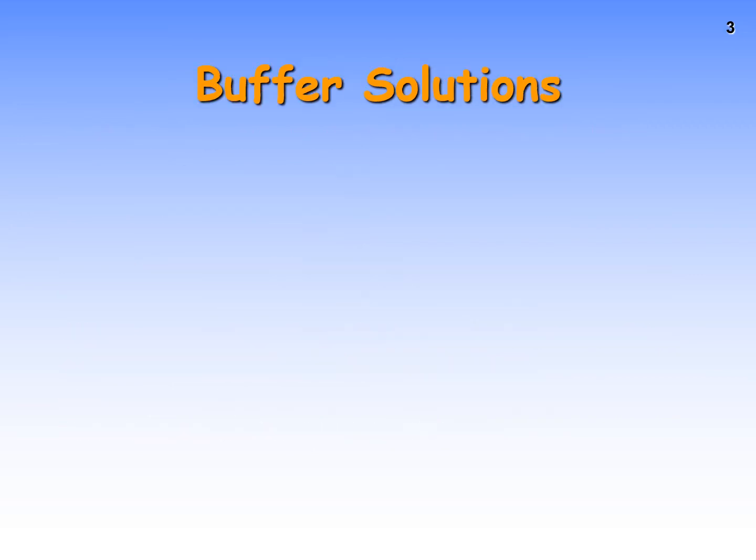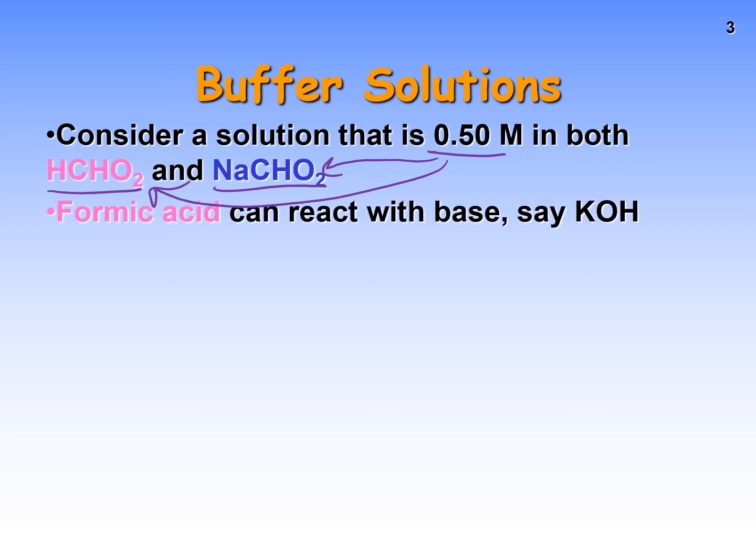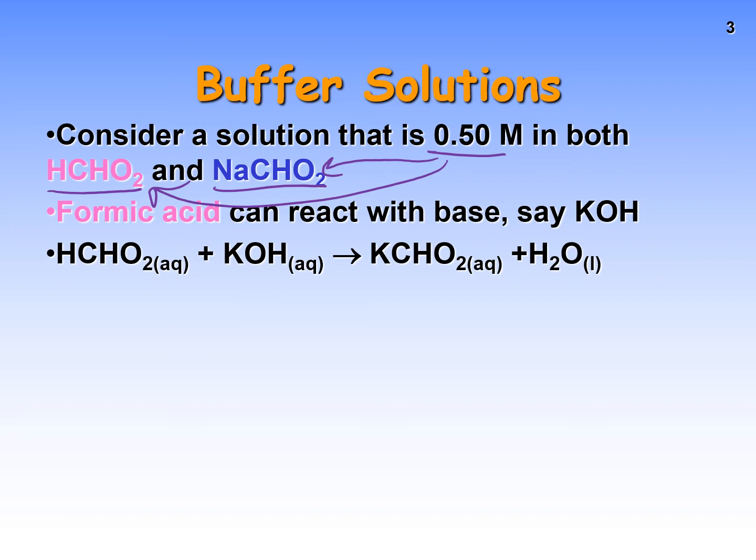So let's look at some buffer solutions. This solution here where we have formic acid and sodium formate is a buffer. So if we have a solution that has 0.5 molar both of sodium formate and formic acid, we have a buffer system. Now, formic acid will react with any strong base. So kind of going back to what I just talked about, right? If I add a strong base to this buffer, the base will react with the acid.